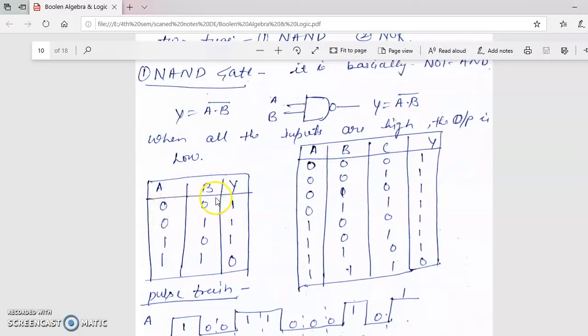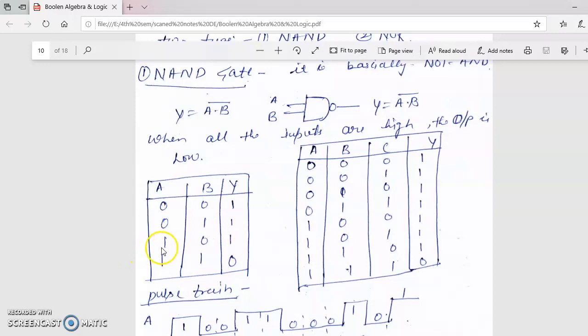So for 0 0, we get the output 1. Next, A equal to 0 and B equal to 1. Here, 0 dot 1 means 0, and 0 bar is 1. So again we get the output 1.